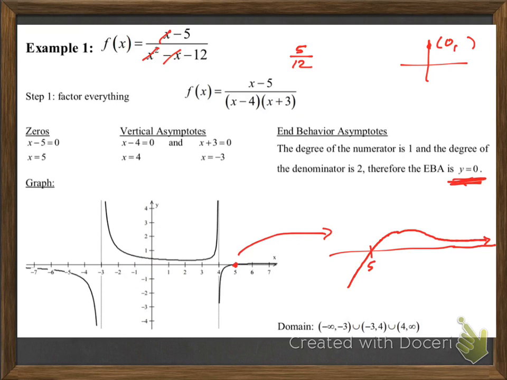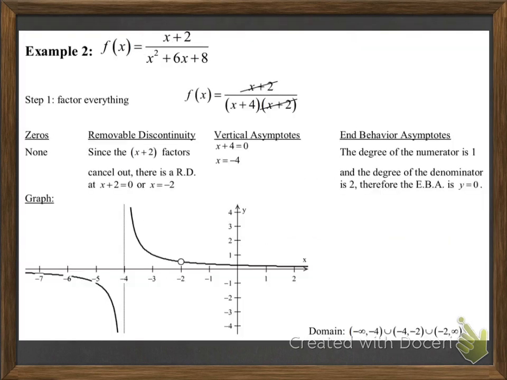Okay. All right. So now, the one thing that we didn't have on that problem was a removable discontinuity. So if you look at this example, I'm not going to go through the whole thing, but a removable discontinuity, you get that whenever you have a factor from the numerator that cancels with a factor from your denominator.